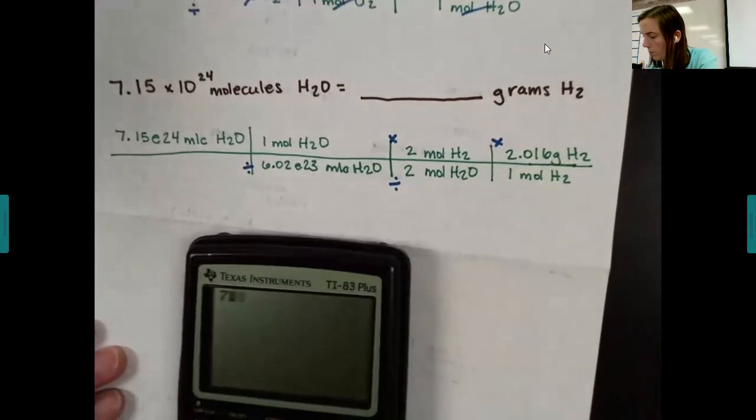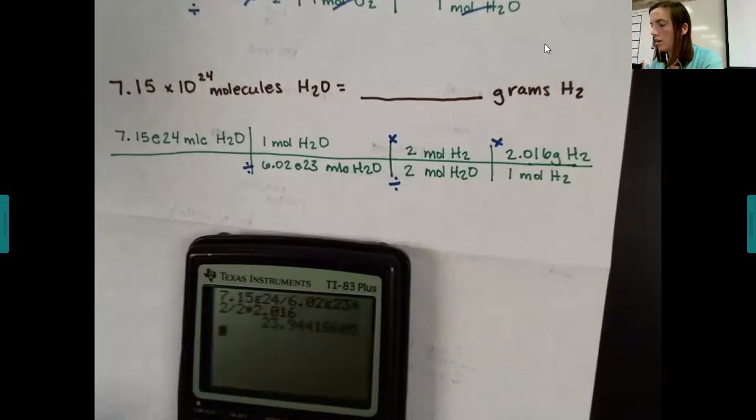So 7.15 E24 divided by 6.02 E23 times 2 divided by 2 times 2.016. All right, so this is, we'll say, 23.9.